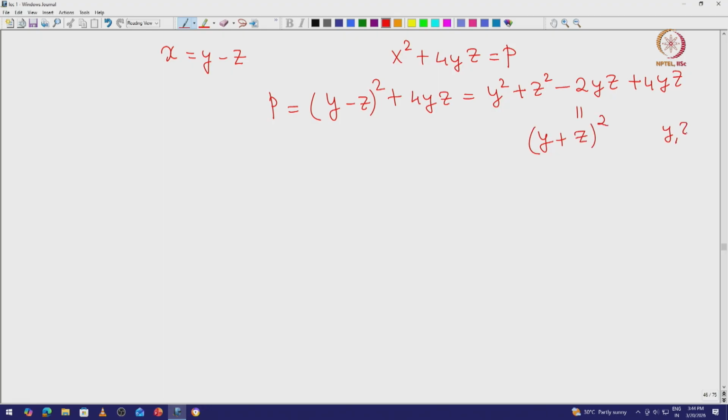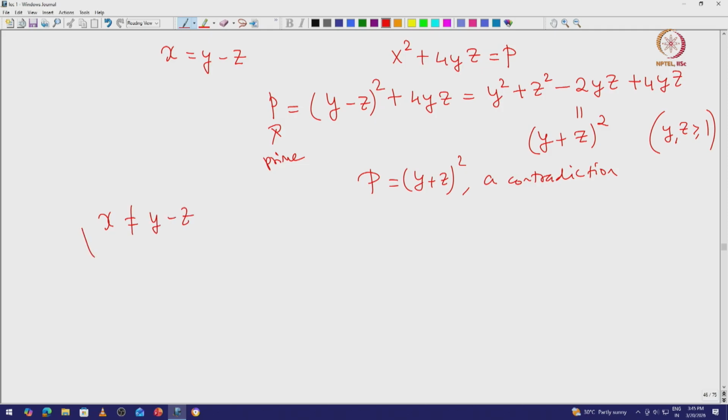Since y and z both are greater than or equal to 1 and p is prime, we get a contradiction, because we have written p equal to (y plus z) whole square, a contradiction. Okay. So, that means x is never equal to y minus z.